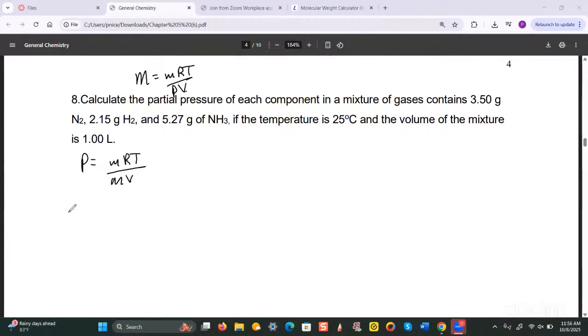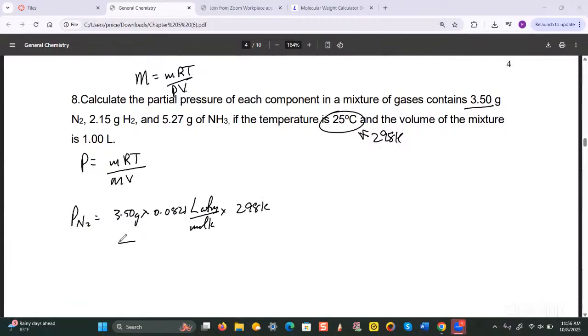So if I were to calculate the pressure of nitrogen, that would be equal to the mass of the nitrogen given, which is 3.50 grams, times R, which is 0.0821 liters atmospheres over mole Kelvin, times the temperature. The temperature is 25 degrees, which is the same thing as 298 Kelvin. So that goes here, right?